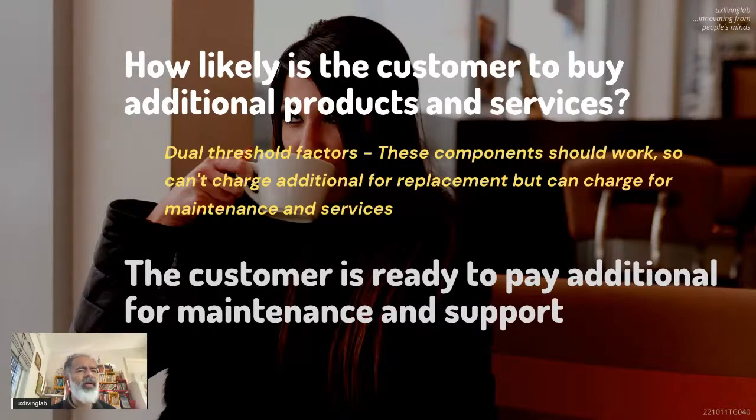I'm just giving an example. As I said, you may not be accepting this, but think about your product. What are the dual threshold factors in an automobile? You can think in such a way that some parts have to be replaced. For example, brake pad, you have to replace it after some time.